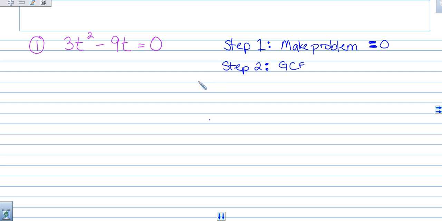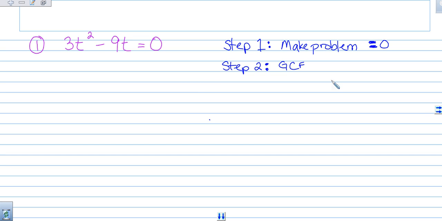Step 2, you need to try to take out a GCF. Ultimately, it doesn't really hurt you if you don't take the GCF out when you're solving by factoring, but it's always a good thing because it makes your numbers smaller and it's easier for you to work with. Okay, and you don't have to reduce your fractions at the end.